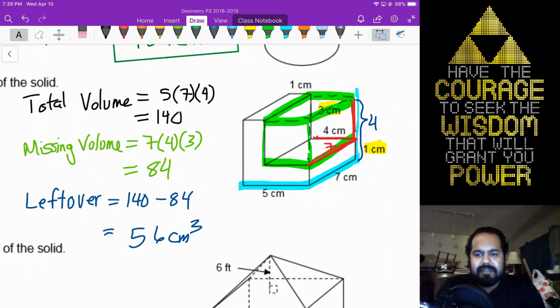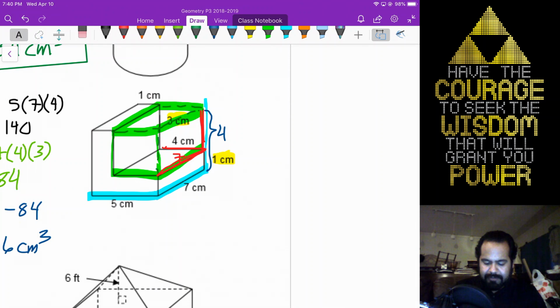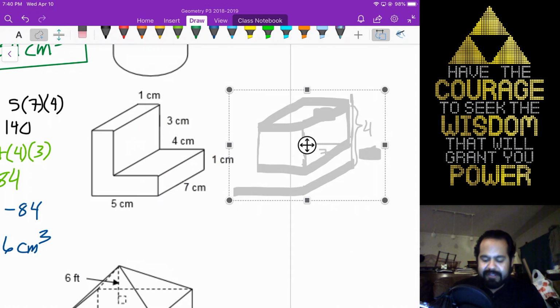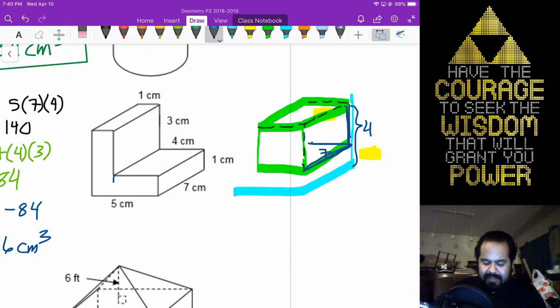Just give it a moment to sink in. The other way you could do this, you could also break up the solid that you have right now. I'm going to temporarily move this over. You could break this down into two different solids. You could break it down along the line here. So you'd have one volume here that you could calculate, and another volume right here that you could calculate.